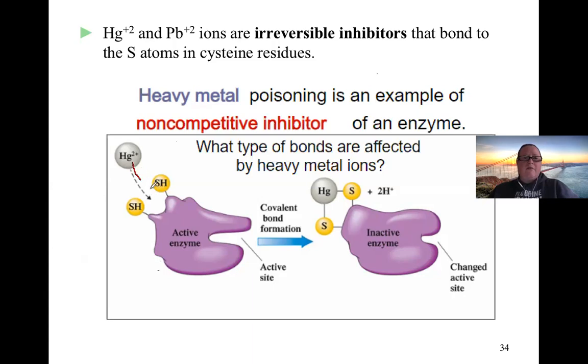The mercury can bind itself right in that spot, and when it docks there and permanently attaches, the active site changes shape. So this is an irreversible inhibitor of the allosteric, or non-competitive, type, because it's not competing for the active site, it's just attaching to a different spot that changes the shape of the active site.